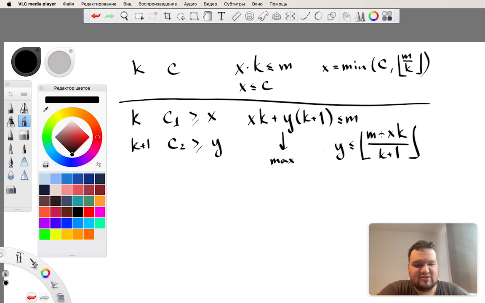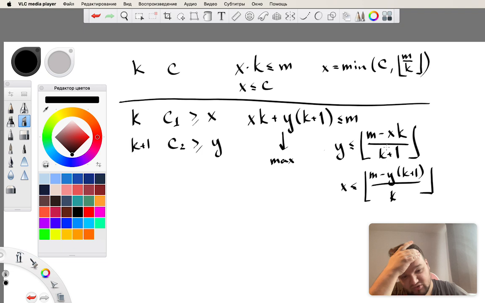Or if we fix y, then the upper bound for x we will get from this inequality is m minus y times k plus 1, divided by k. Okay. The problem is we cannot just iterate over all possible values of x or y, but we can say the following.